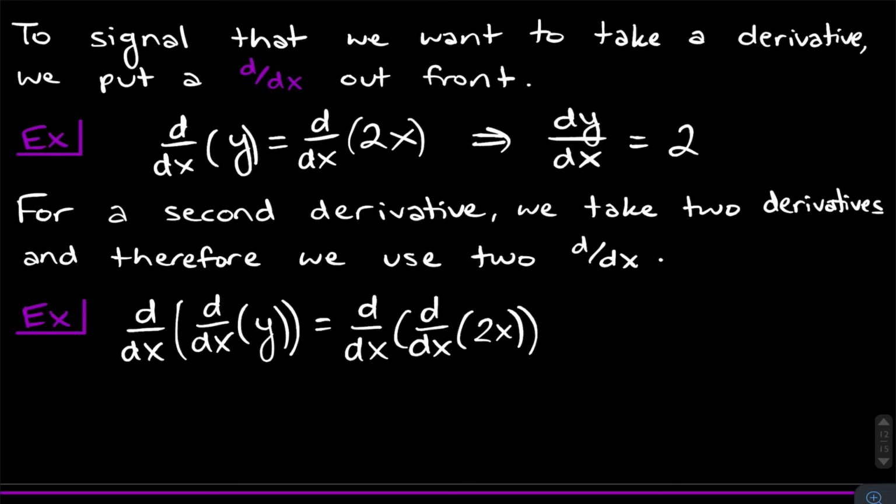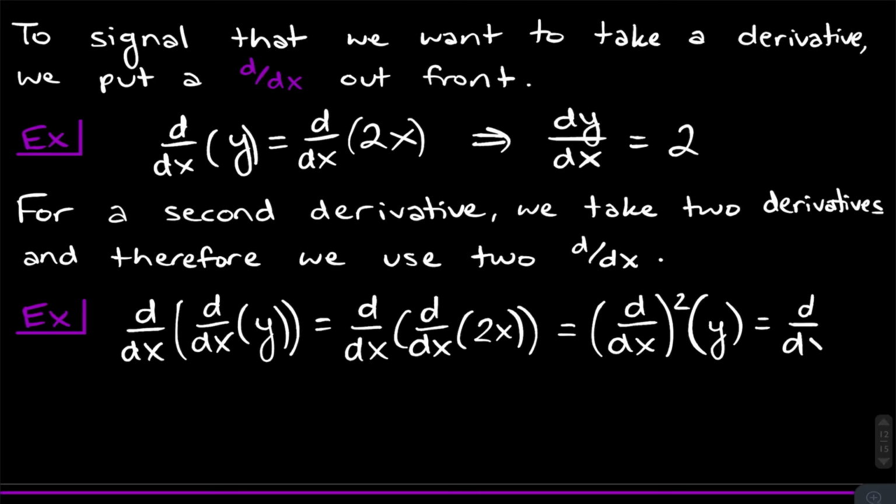There's two derivatives that we're taking. And so, well, how do you write that? You write that as, well, it's like a d over dx squared on your y, right? And then over here, it's like a d over dx squared on your 2x. Okay? And I want a little more room to write that.